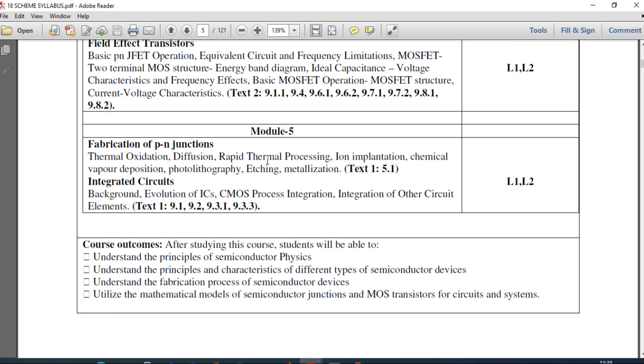Here we compared rapid thermal processing with thermal oxidation, and we showed that rapid thermal processing requires less temperature to perform oxidation compared with thermal oxidation, which requires a temperature around 800 to 1000 degrees Celsius.